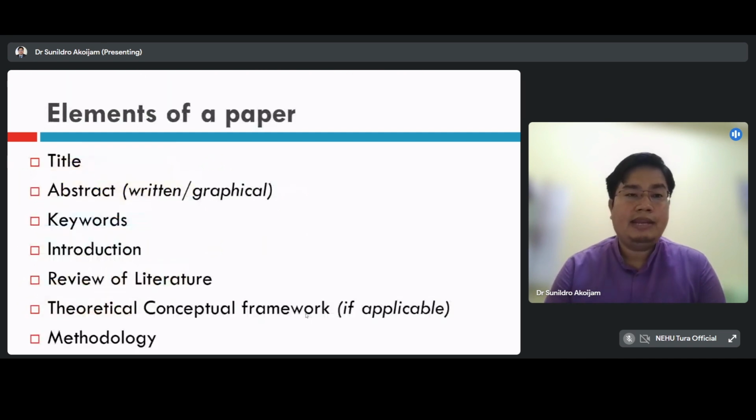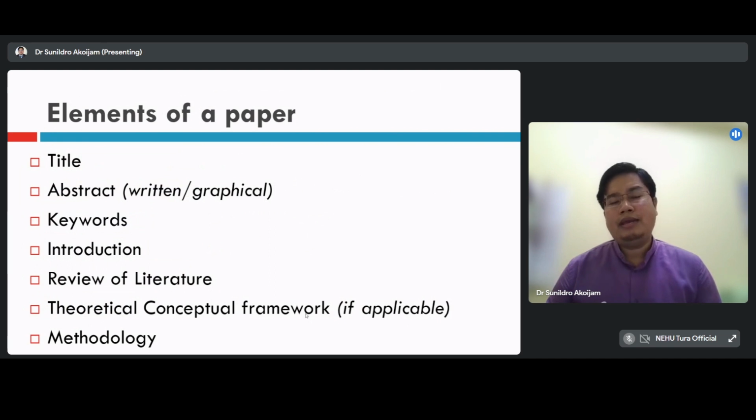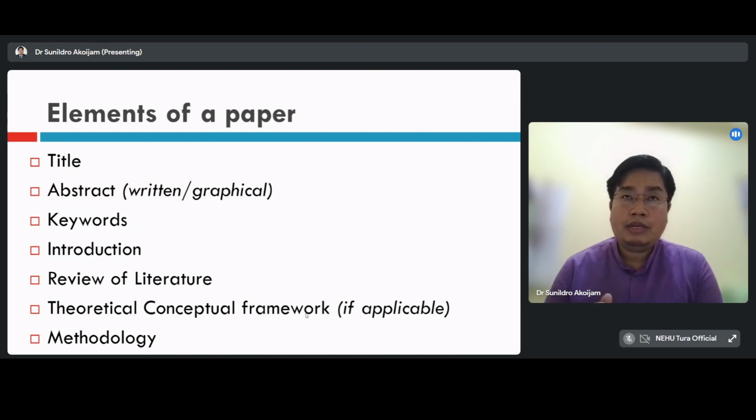Coming to next, when a researcher or an individual thinks of writing a paper, well, let's assume that they have identified the type also. Now you are about to understand what are the different elements, what are the important things that you are supposed to include in that particular paper. And the next important thing is that within each element, what are the things that you are supposed to include.